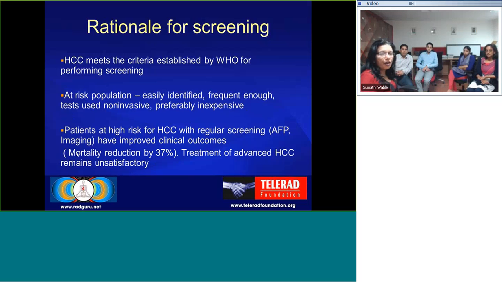They found that among the screened population, since they found smaller, earlier cancers, the mortality reduction was as much as 37%. So that's a very strong argument for screening patients for HCC, especially the ones at risk that we're talking about.